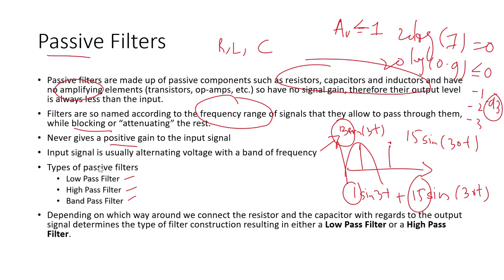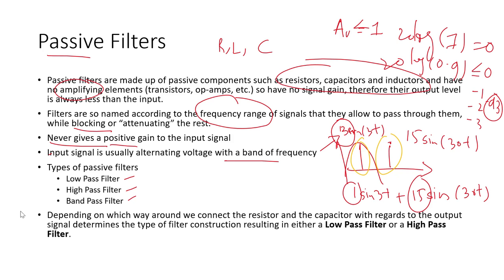So it never gives positive gain, it always gives negative gain because the gain is either 1 or less than 1, and the log of less than 1 is negative. Input signal is usually an alternating voltage with a band of frequencies, as we discussed in this particular example, that we had omega equal to 3 and omega equal to 30. So a range of frequency is given at the input and the unwanted signal is attenuated.